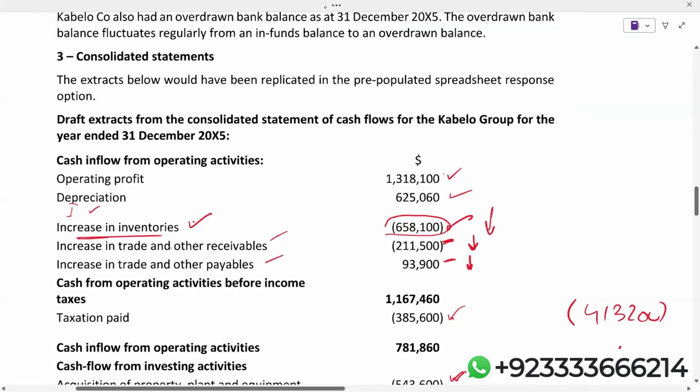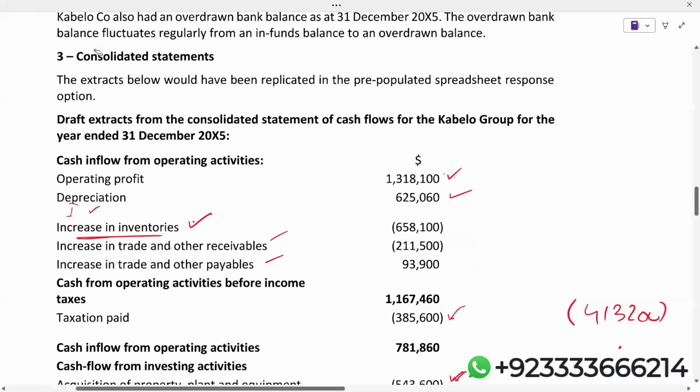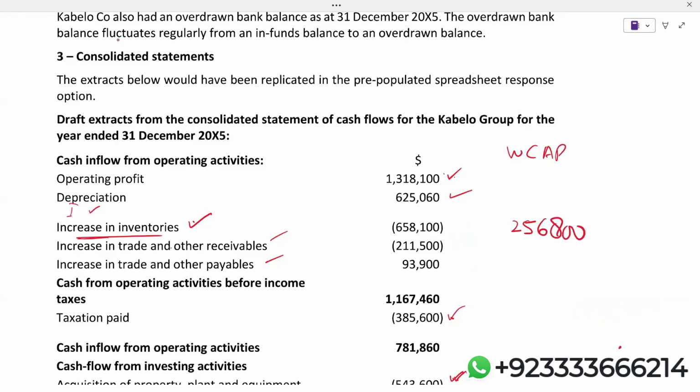Just a minute. Working capital adjustment. Examiner has given me 6,58,100. I'm just writing 2,56,800.